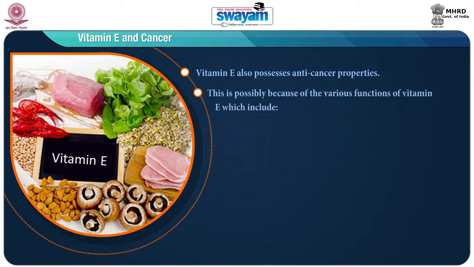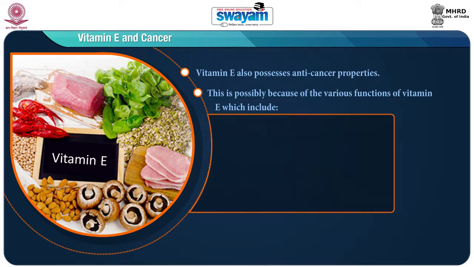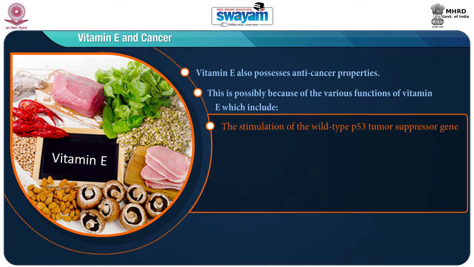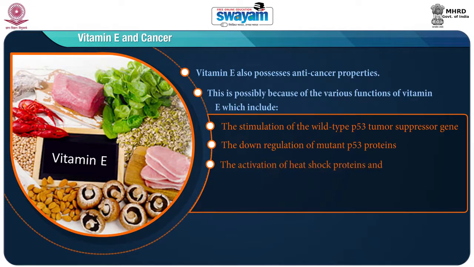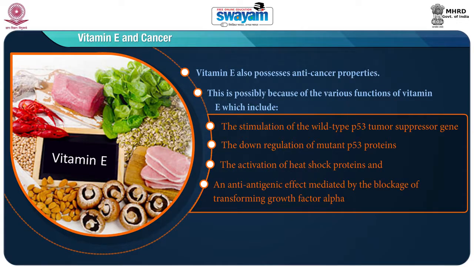This is possibly because of the various functions of vitamin E, which include the stimulation of the wild type P53 tumor suppressor gene, the downregulation of mutant P53 proteins, the activation of heat shock proteins, and antigenic effect mediated by the blockage of transforming growth factor alpha.